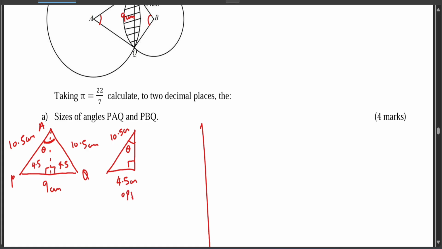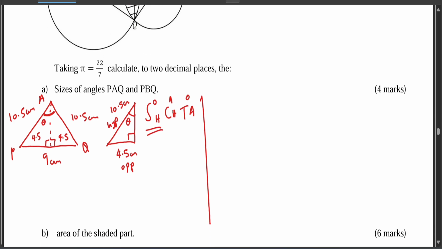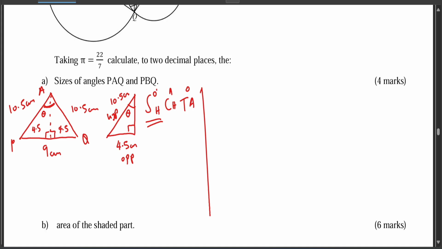Between SOH, CAH and TOA, which one are we going to use? Definitely we're going to use SOH, which is sine, because we've been given the opposite and the hypotenuse. So sine theta is given by 4.5 divided by 10.5. So your theta is equal to the sine inverse of 4.5 over 10.5.